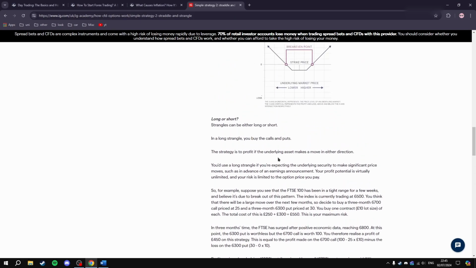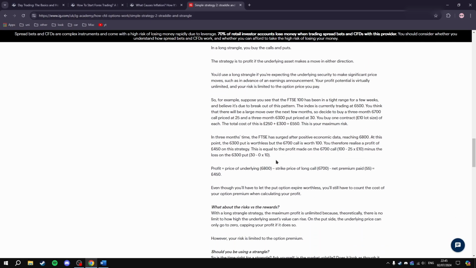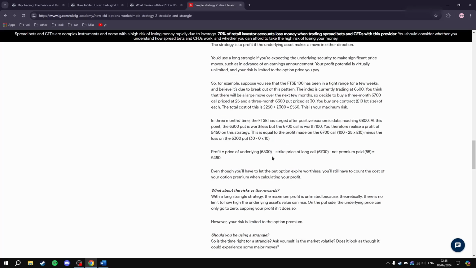Use a long strangle if you're expecting the underlying security to make a significant price move, such as in advance of an earnings announcement.